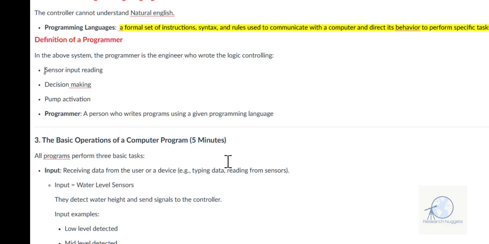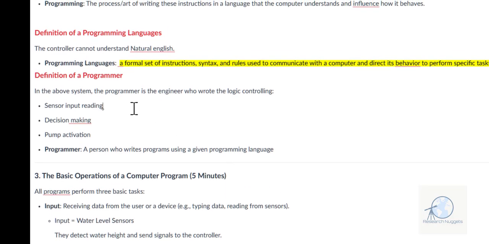This person was able to write the logic that will be responsible for capturing the sensor readings, determining what action ought to be taken based on those readings, and then triggering whether the pump should go on or go off. So in a nutshell, a programmer is a person who writes programs using a given programming language.